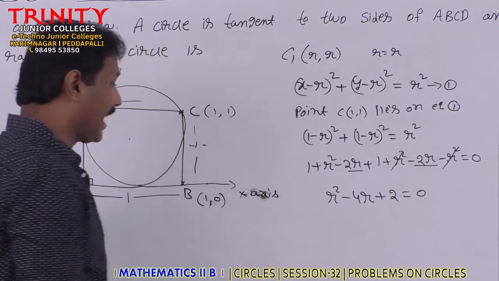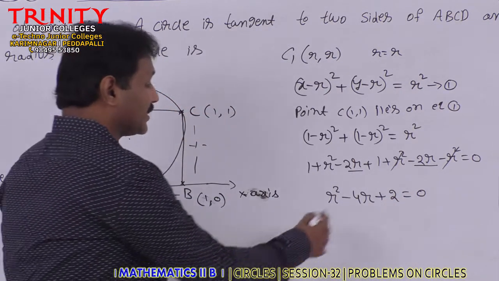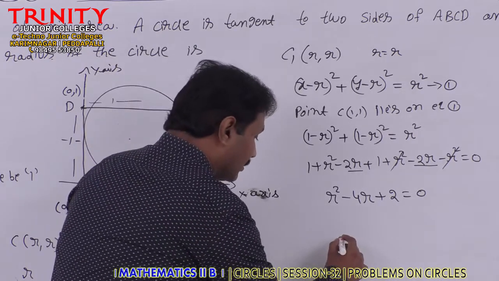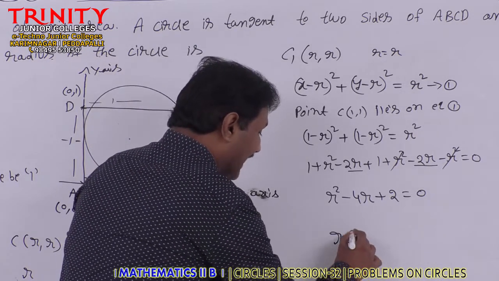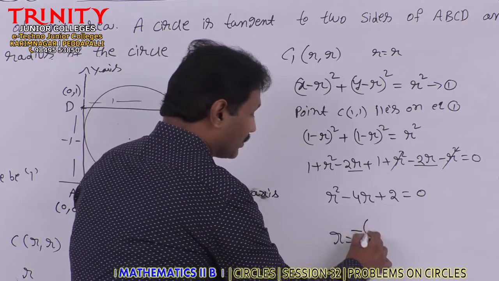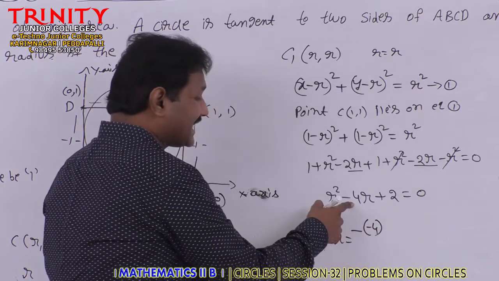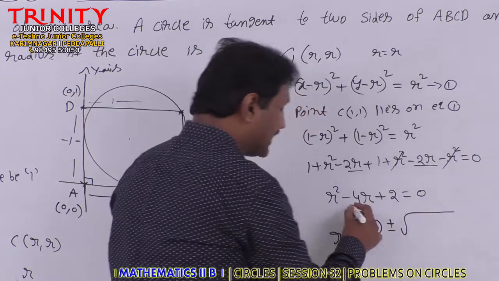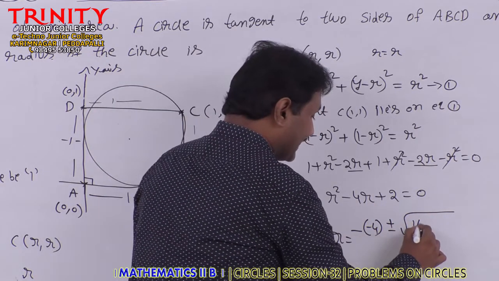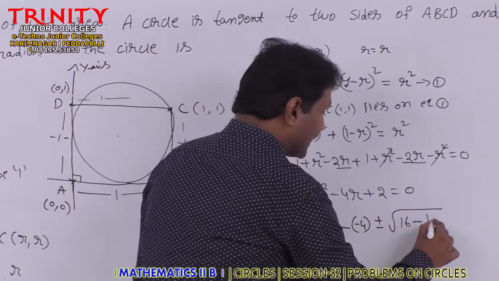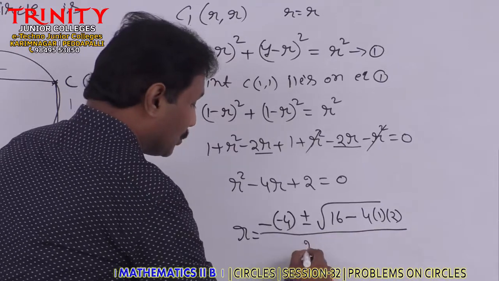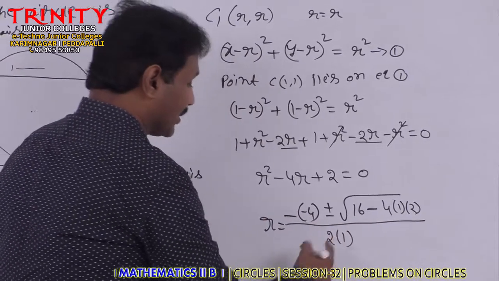There are no factors in this equation. By using the quadratic formula, r equal to minus b plus or minus square root of b square minus 4ac, over 2a. Here b is minus 4, so b square is 16, and 4ac is 4 into 1 into 2. The coefficient of r square is 1.